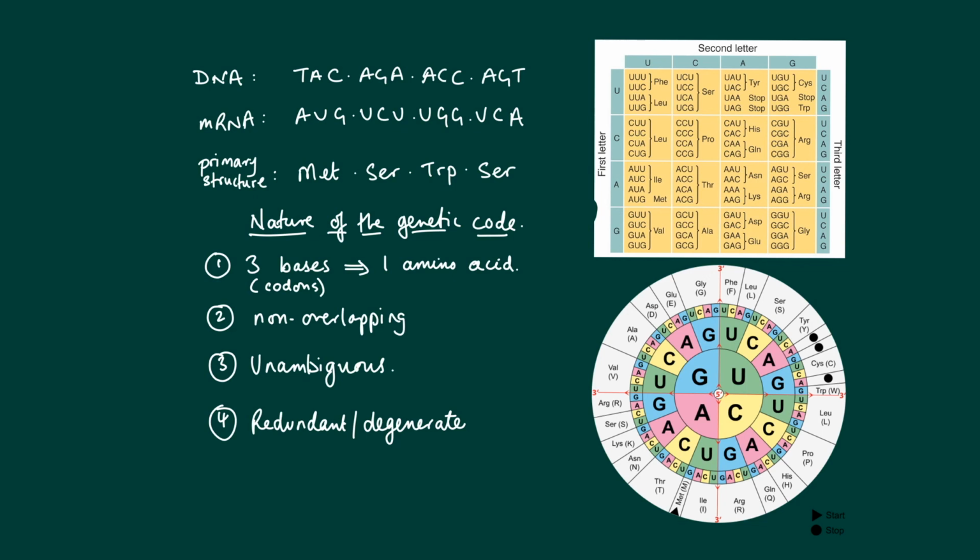So, I mean, maybe we can just make a note of that. The unambiguousness is referring to codons giving rise to amino acids, but the redundant nature is really, if you think about amino acids and the codons that are able to give rise to them. Okay, so that's that.